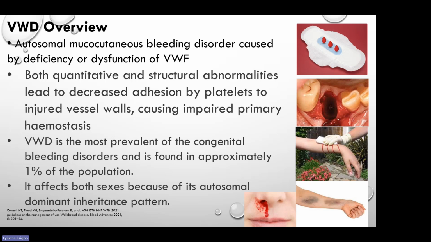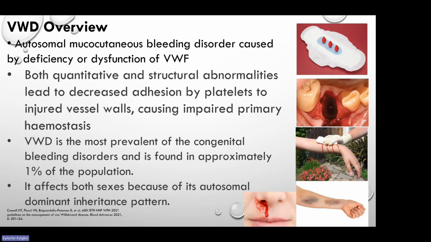So this is an autosomal mucocutaneous bleeding disorder, and it is caused by the deficiency or dysfunction, the absence or malfunction, of a factor called von Willebrand factor.